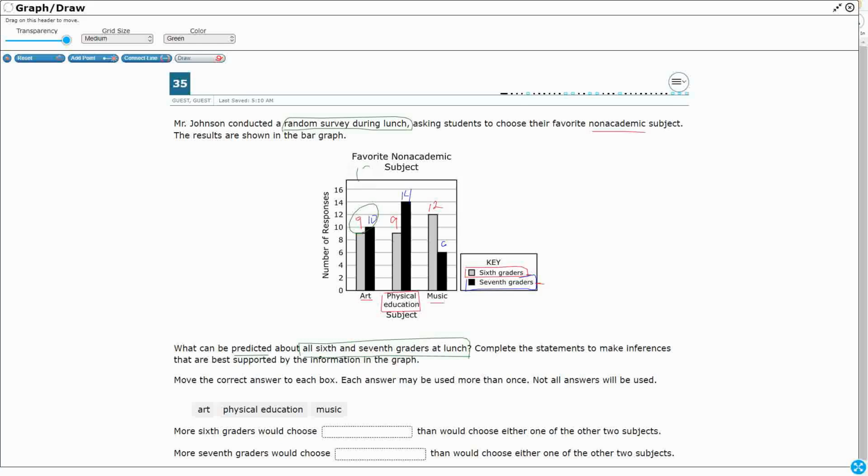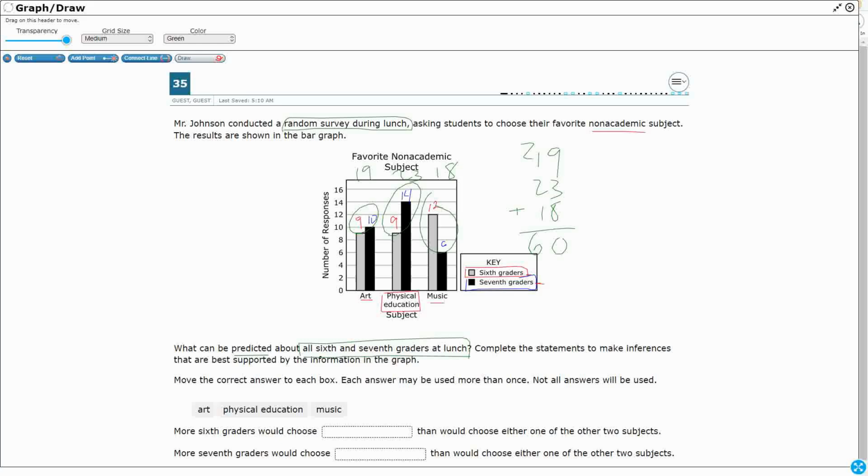That's going to be 19, that's 23, and that's 18. And if you add those up, that's going to be 60 students. That 60 student set is going to represent the entire 6th and 7th grade class. So what we're doing is we're making predictions as to how everyone would answer. We're not 100% sure unless we ask everyone.